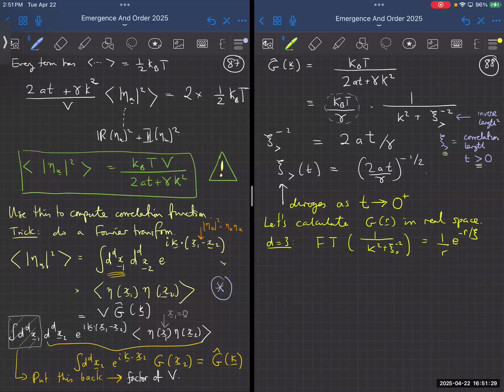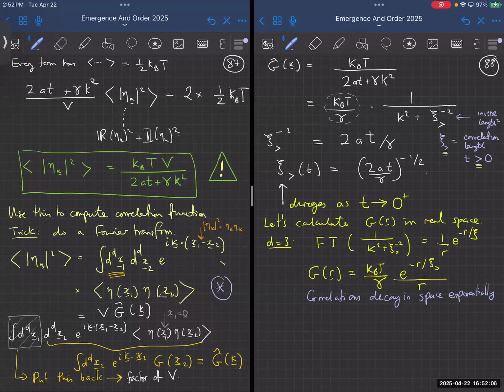And so then what we've computed is that g of r in real space is equal to kBT over gamma times e to the minus r over psi greater than divided by r. And so what that tells you is that we've just proved that correlations decay in space exponentially. And that's why we can interpret psi as a correlation length.